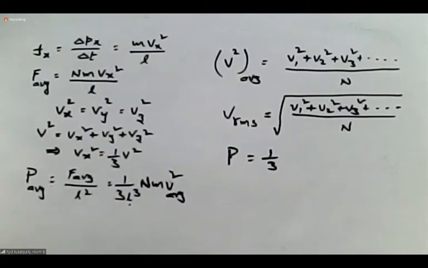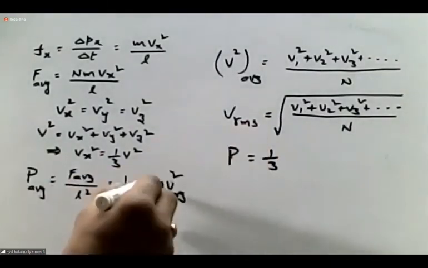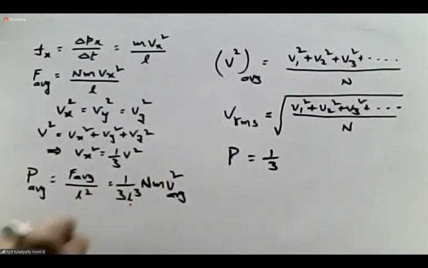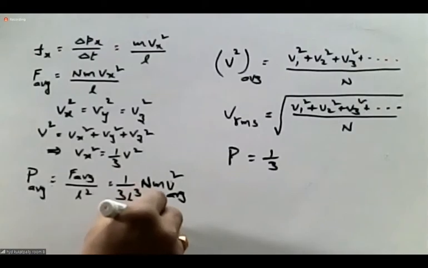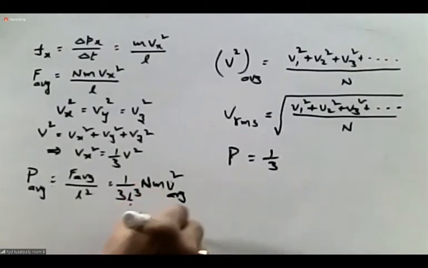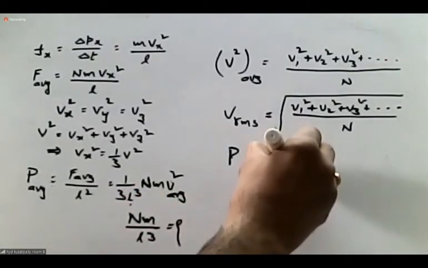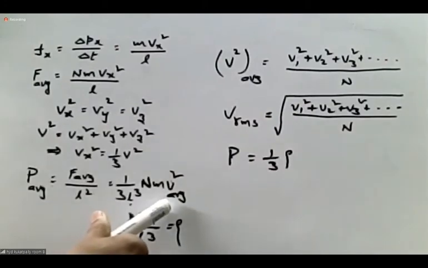So N into m is the mass of the gas. Total mass of the gas by volume, N into m by L cube, is the density rho. So this is rho into V square average.